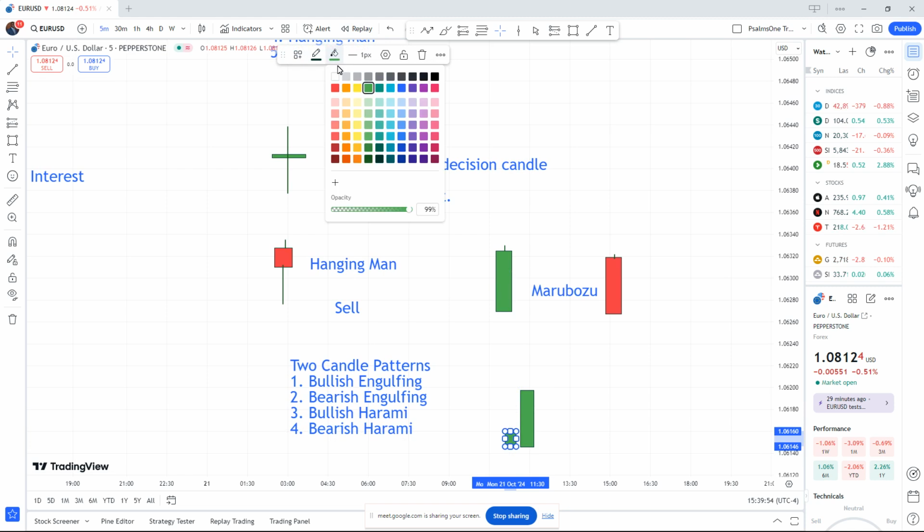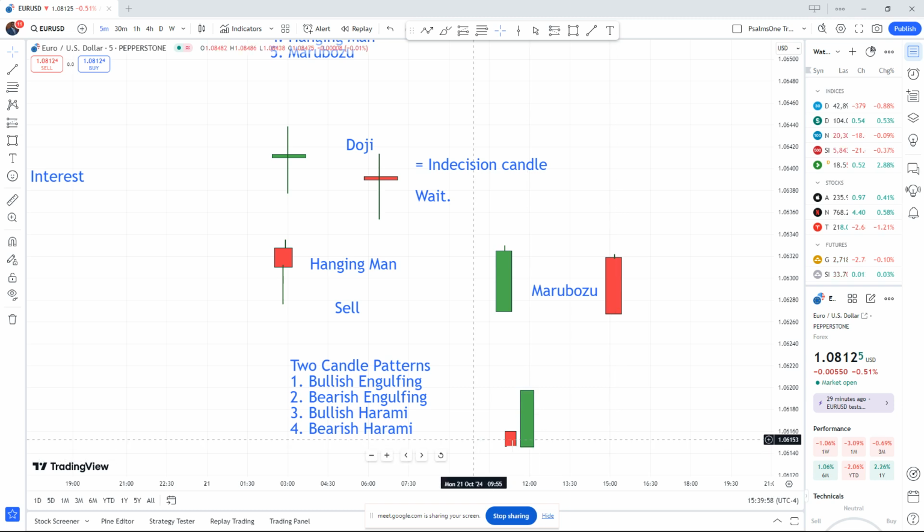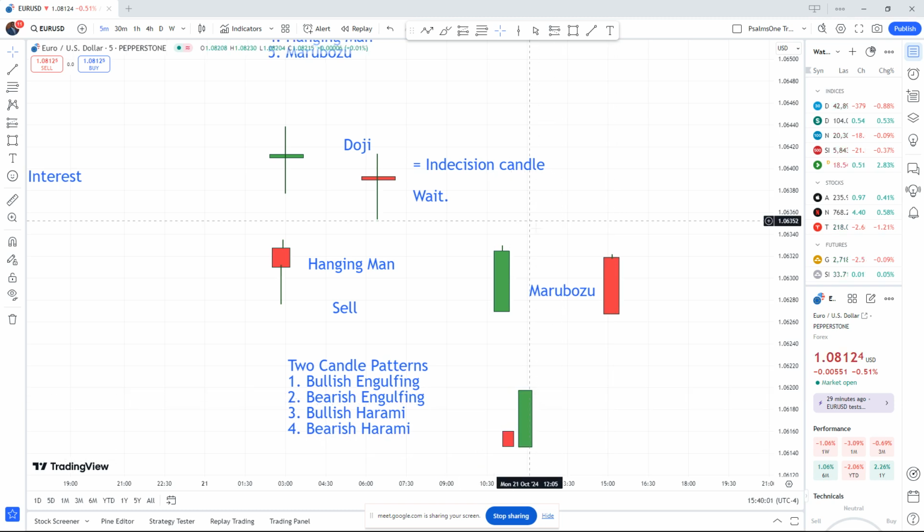And for the red one, it also means that when price opened, there was nobody in the world that wanted to buy a little above. All of them were interested in selling, and they sold, came down and closed here.